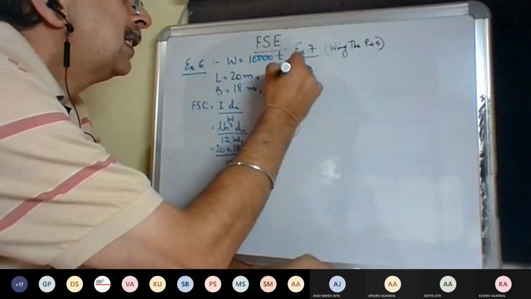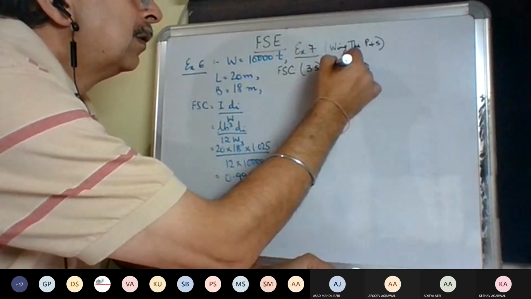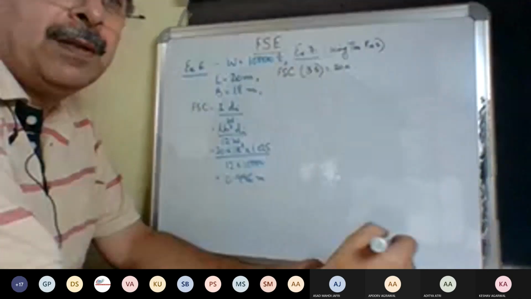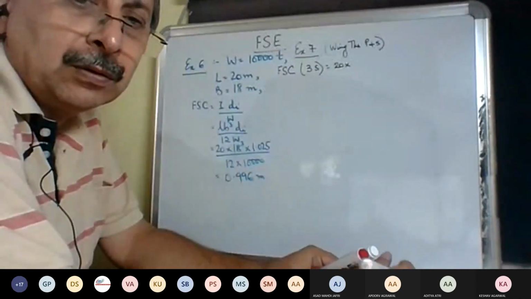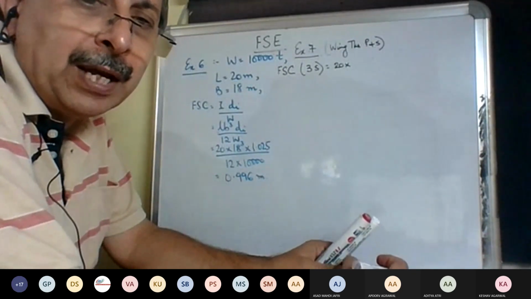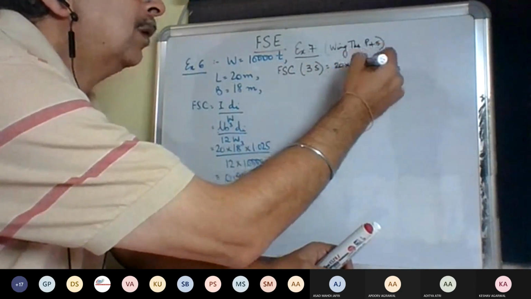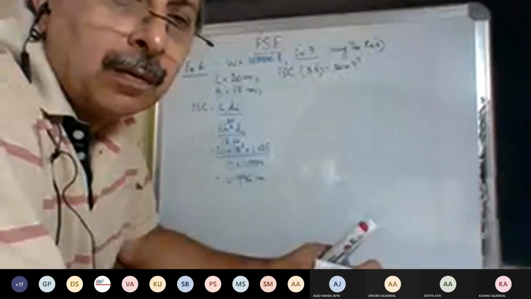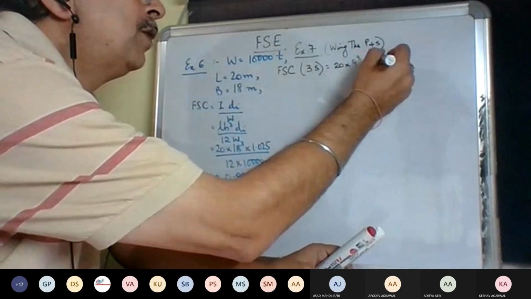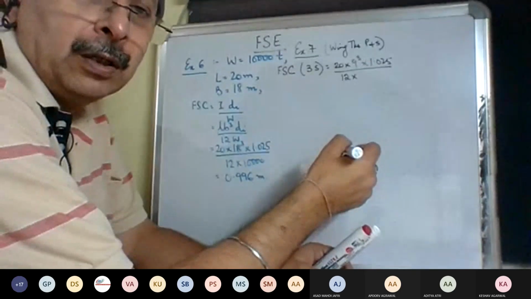So find out the free surface. We will find out the FSC for 3 starboard. Same way, 20. This time the breadth becomes 9. So 20 into 9 cube into 1.025 over 12 into 10,000.